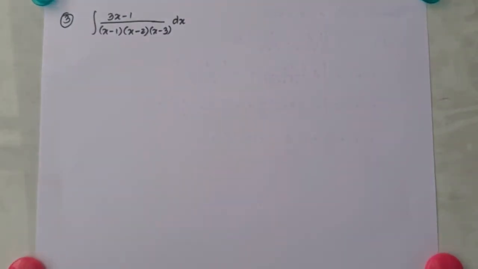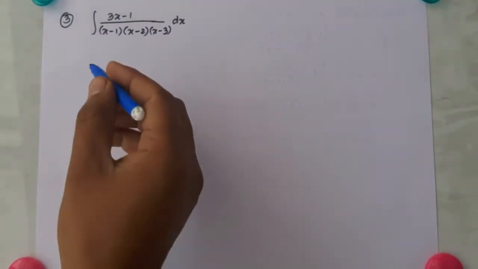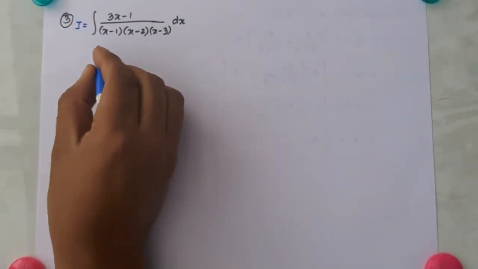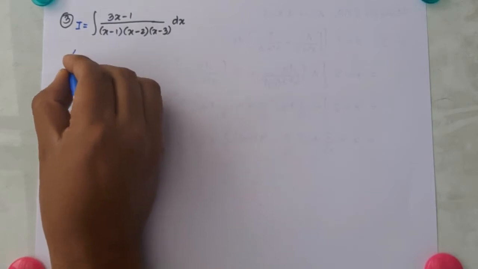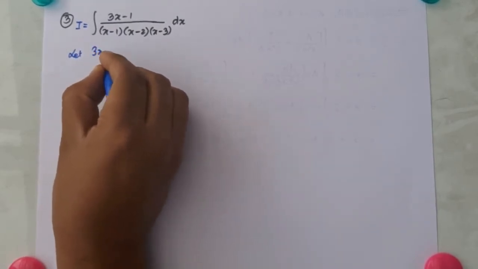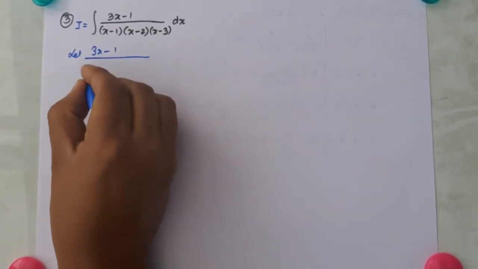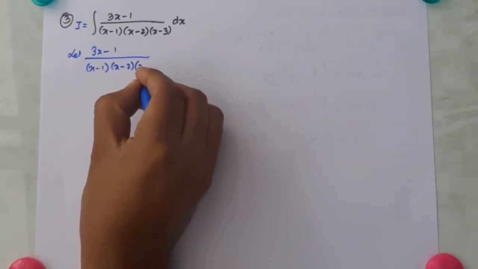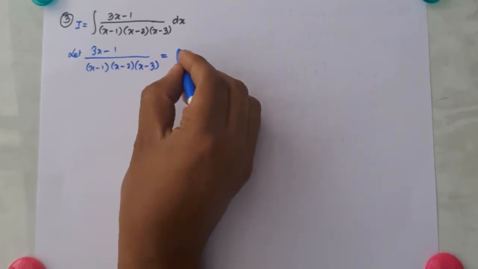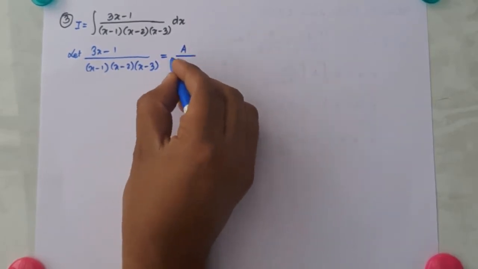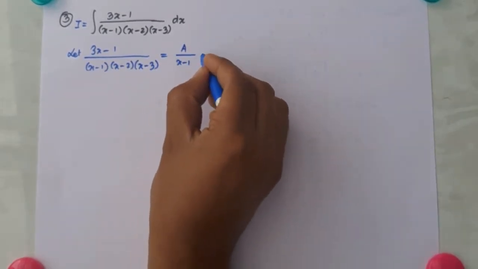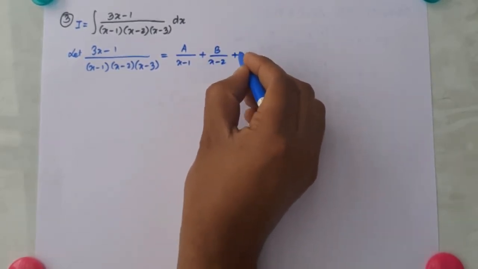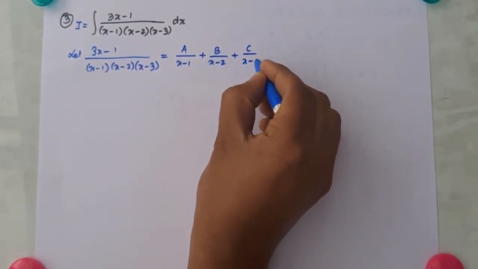So if you have understood that, let me write this as integral I, and you can write this (3x minus 1) divided by (x minus 1) into (x minus 2) into (x minus 3) as a by (x minus 1) plus b by (x minus 2) plus c by (x minus 3).